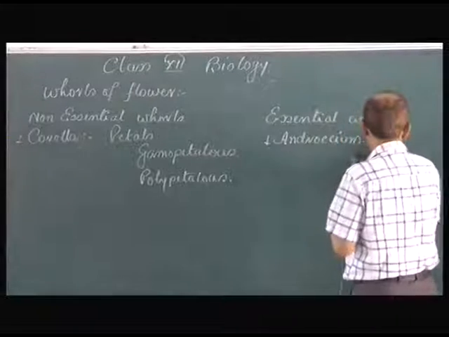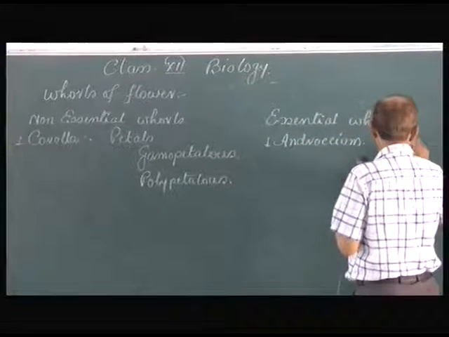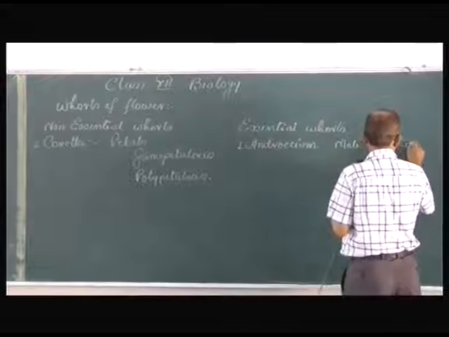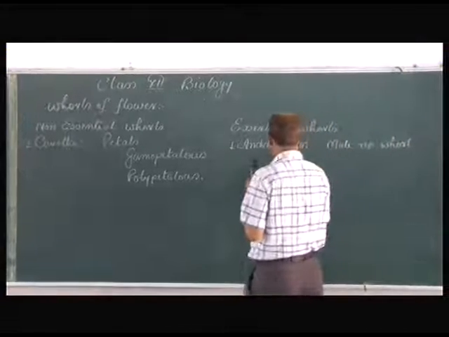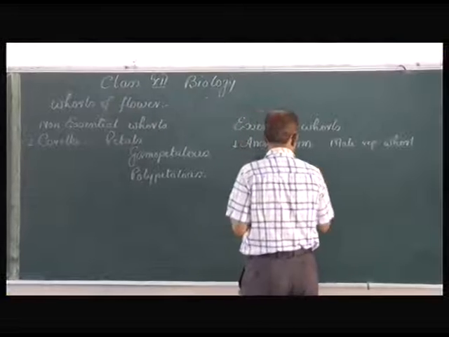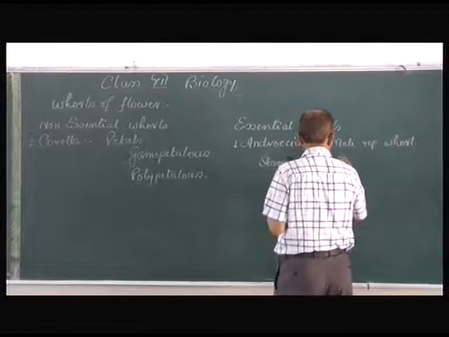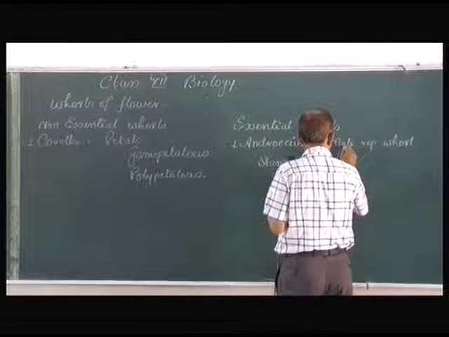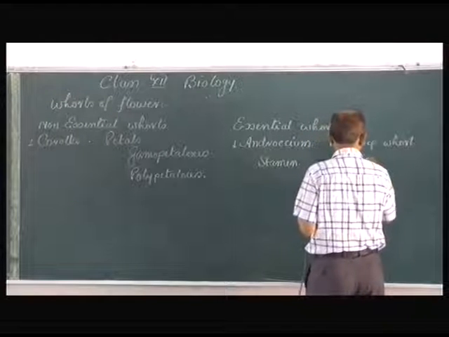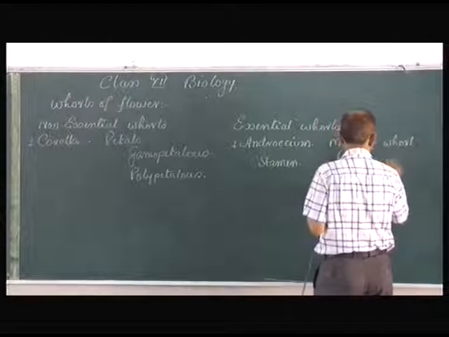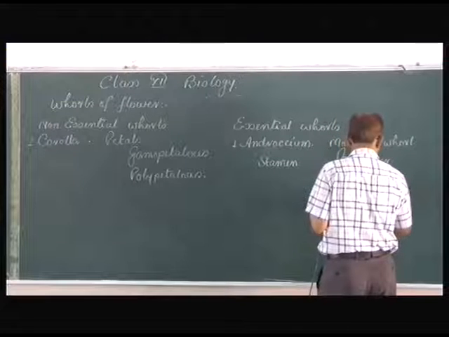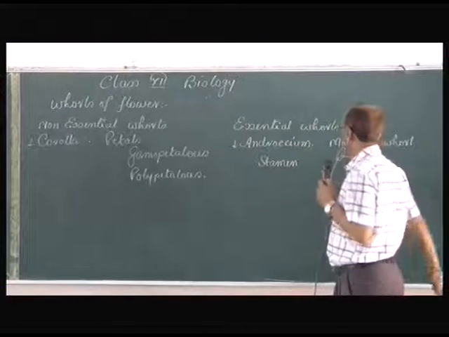Androecium is the male reproductive whorl of the flower, the unit structure of which is called a stamen. Clear?